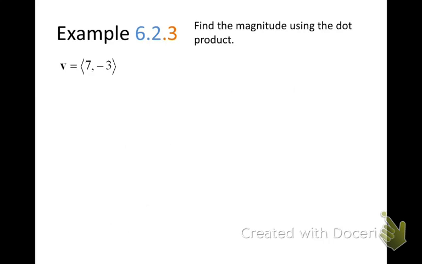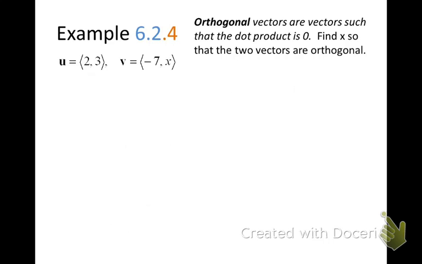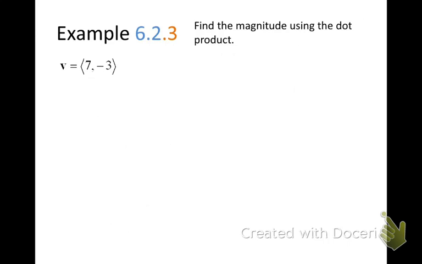All right, so this one says to find the magnitude using the dot product. Remember I told you that the magnitude squared of a vector was equal to its dot product, right? Which means that the magnitude of a vector is equal to the square root of the dot product.